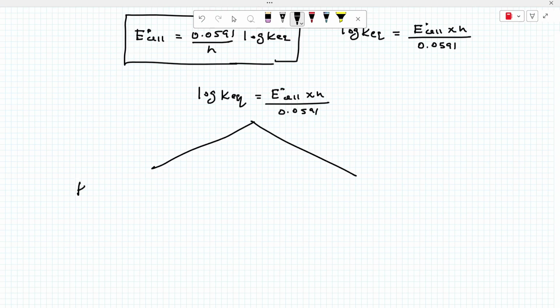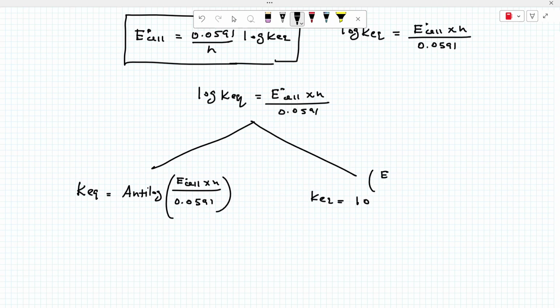First condition: K equilibrium equal to antilog of E naught cell into n by 0.0591. Simple. Or we can write it as K equilibrium equal to 10 power E naught cell into n by 0.0591. And there is one more formula: e power E naught cell into n by 0.05.